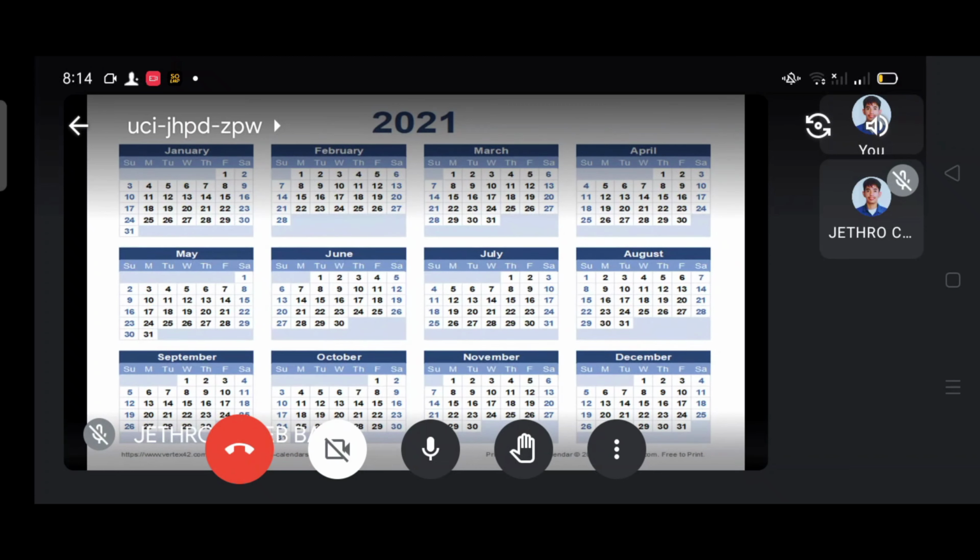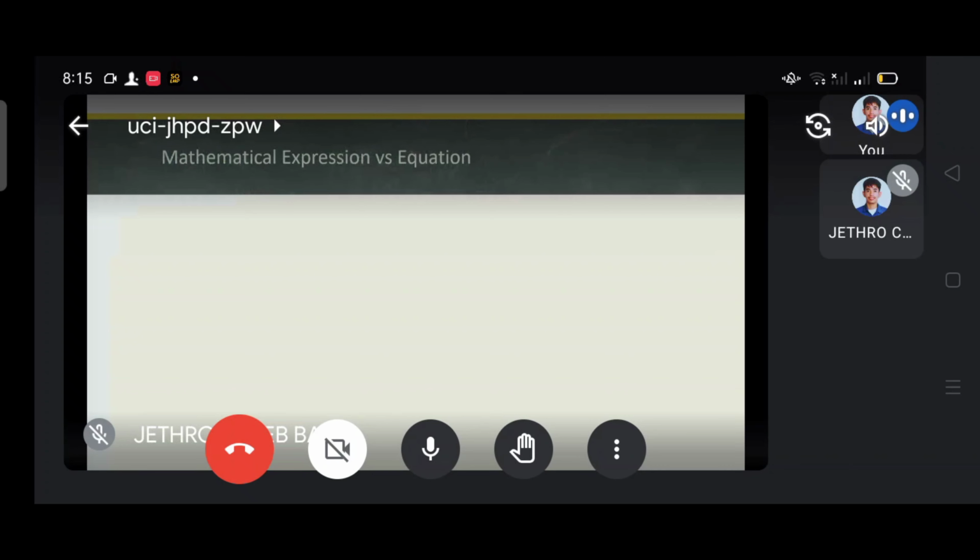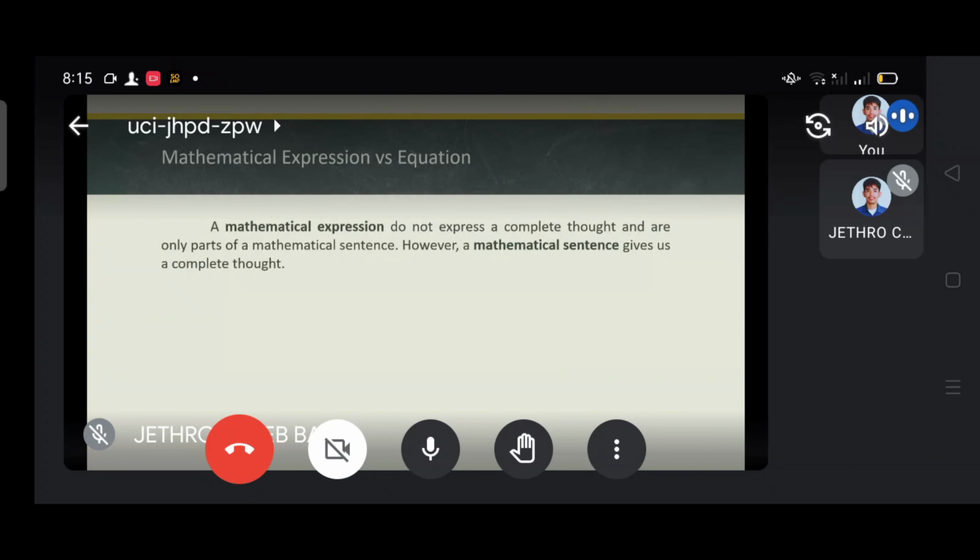A mathematical expression does not express a complete thought and is only part of a mathematical sentence. If I say x plus 2, that is only an expression. Why? Dahil wala siyang equal sign or less than or equal. It does not give a complete thought. However, a mathematical sentence gives us a complete thought.